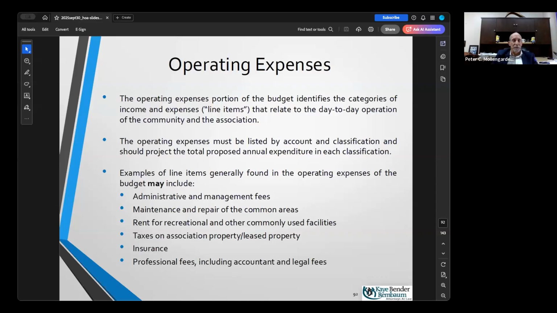The operating expenses must be listed by account and classification and should project the total proposed annual expenditure in each classification. Here are examples: administrative and management fees, maintenance and repair, as I mentioned, for the common area, rent, perhaps for recreation or other use facilities, probably not applicable, it could be, taxes on association property, insurance, and professional fees like attorney's fees, accounting fees, things like that.